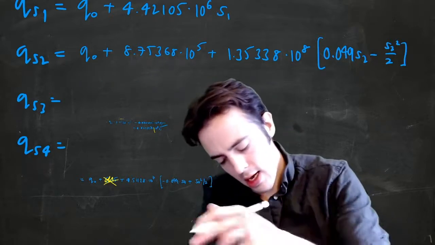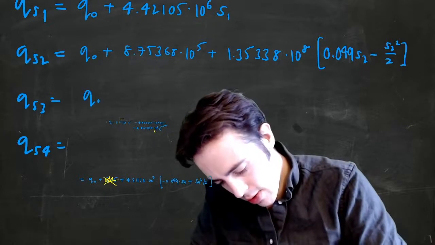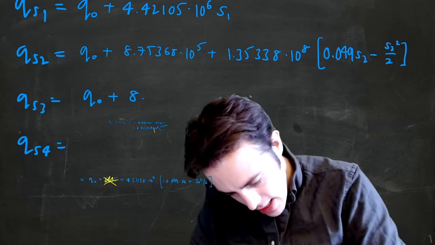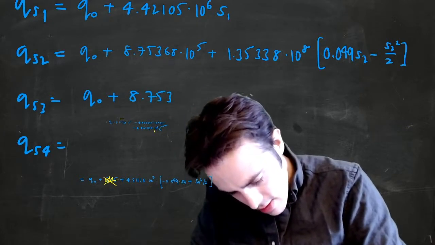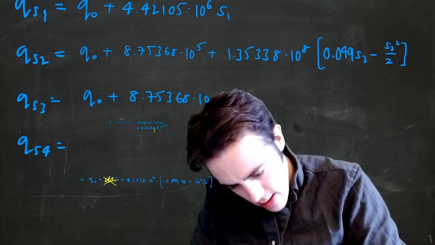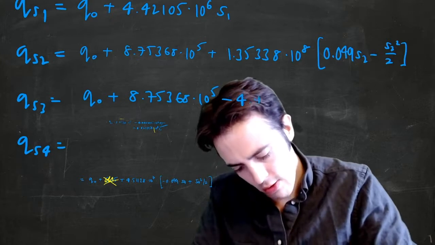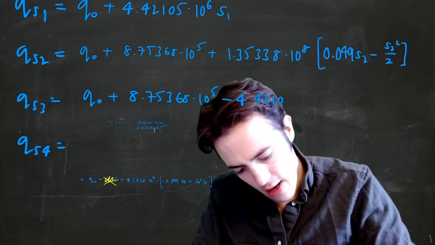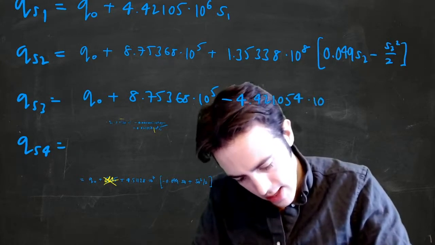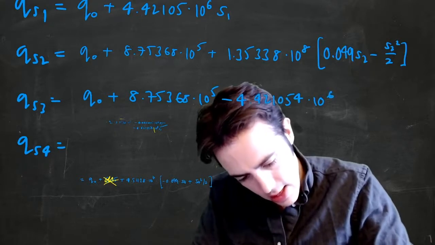Q3 is another linear one, which is Q0 plus 8.75368 times 10 to the 5 minus 4.421054 times 10 to the 6 S3.